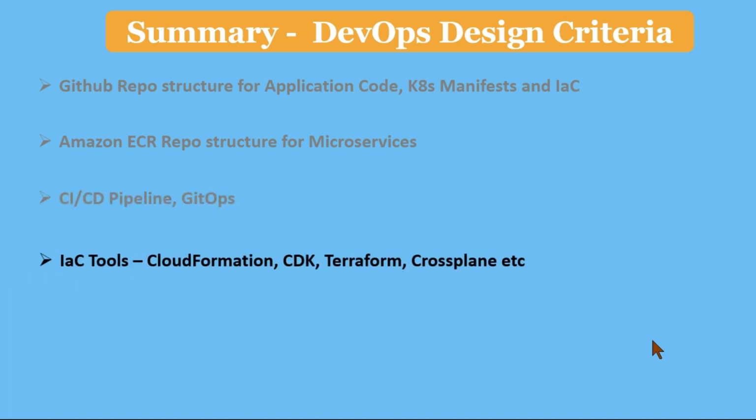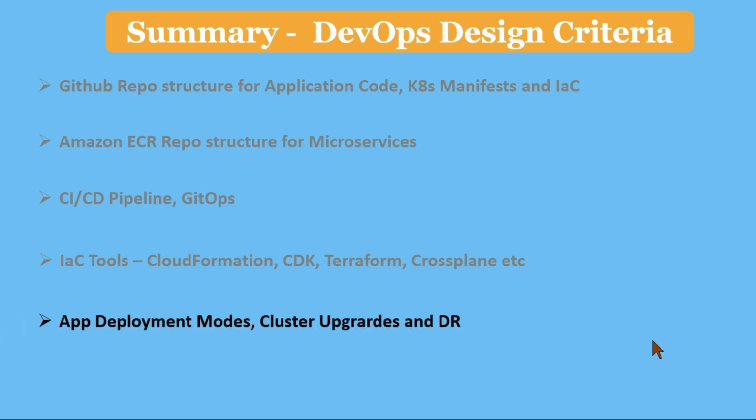And also at the same time, it's important to decide the right infrastructure as code tools. It could be CloudFormation, CDK, which is Cloud Development Kit, or Terraform or Crossplane. And you can also decide the right application deployment models.